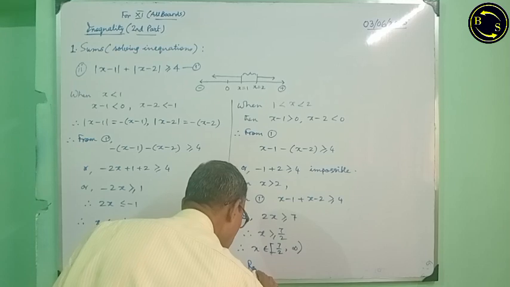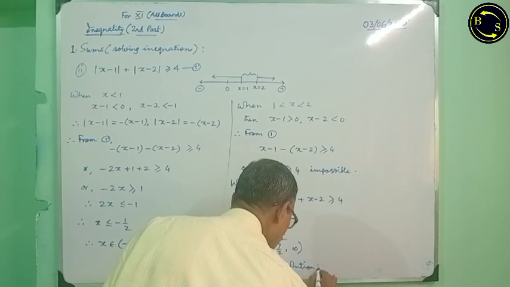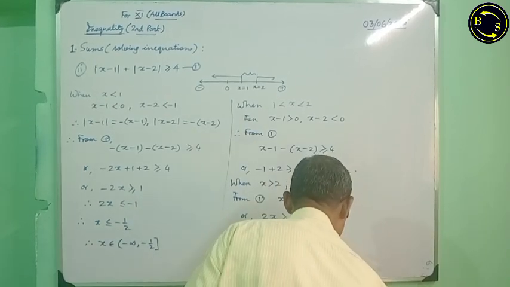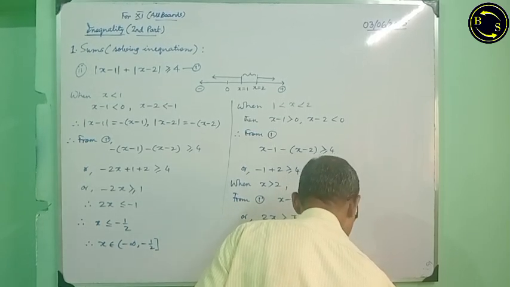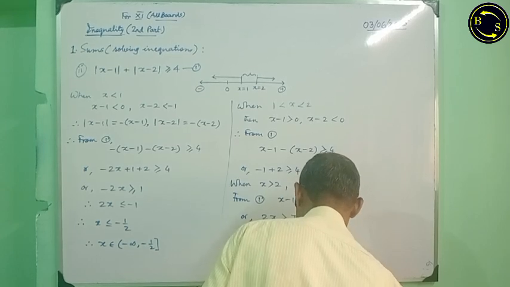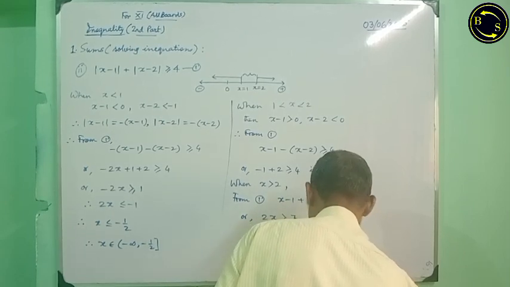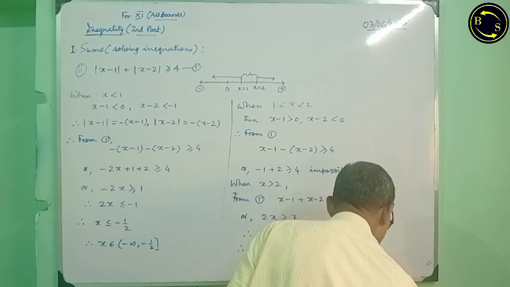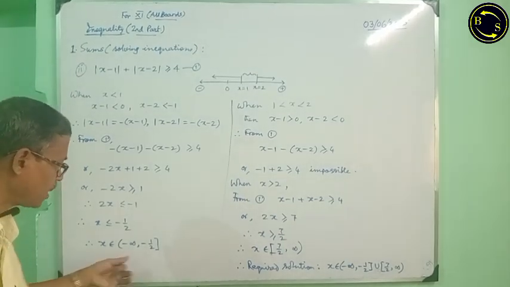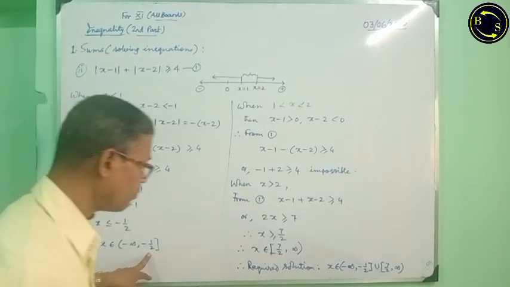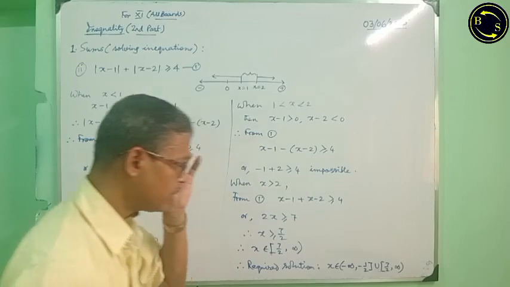Therefore, the required solution: x can take the value minus half, also 7 by 2. Therefore, we have to write the intervals in this manner.